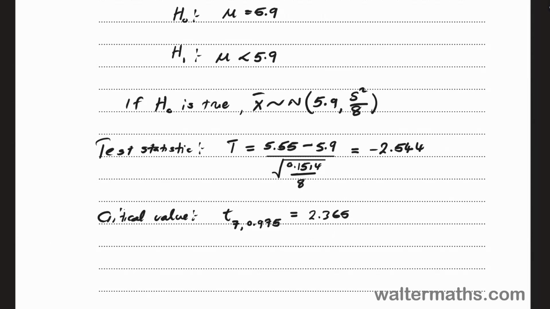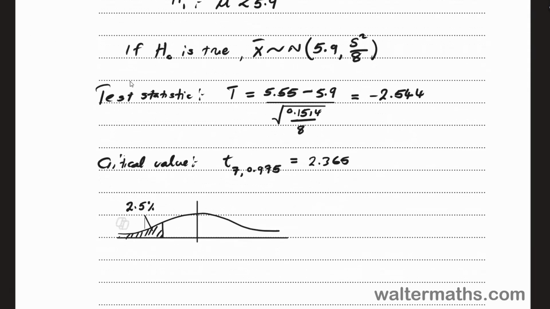Okay, so if we look at the t distribution curve, it's like this. The test is a lower tail test, and we have a 2.5% significance level.